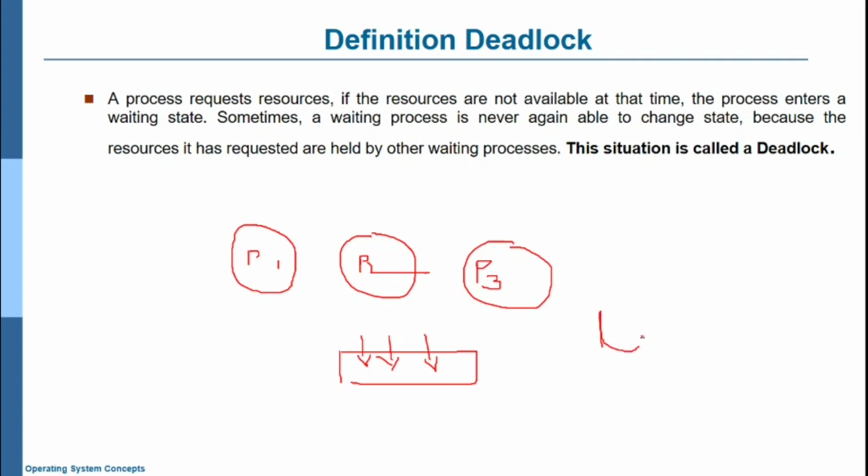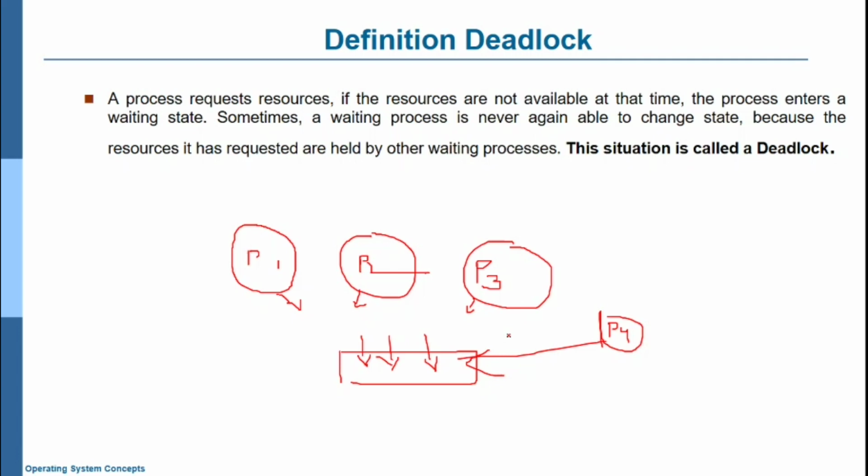One more process will be there, called P4, and P4 is holding all these resources. So none of P1, P2 or P3 will get the resources they requested, because they are held by another process called P4.